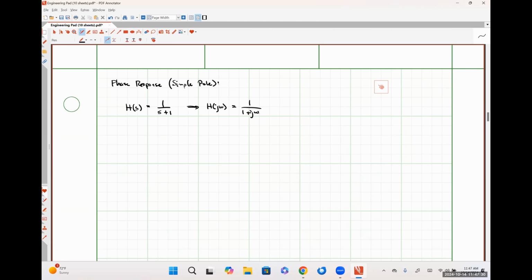So if I multiply this by 1 minus j omega over 1 minus j omega, what I wind up getting is 1 minus j omega over 1 plus omega squared, or 1 over 1 plus omega squared minus j omega over 1 plus omega squared.